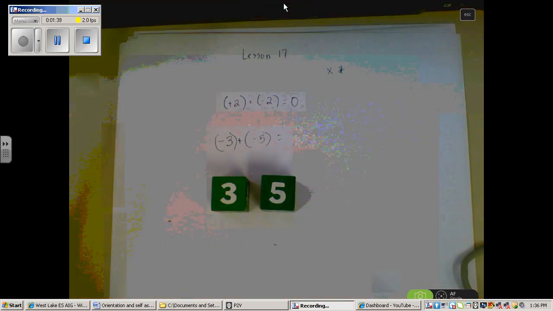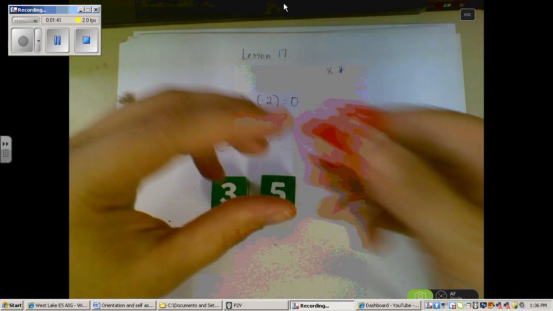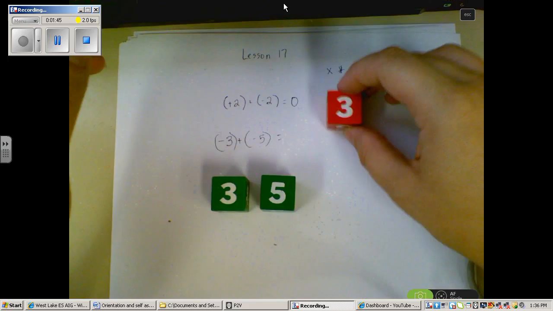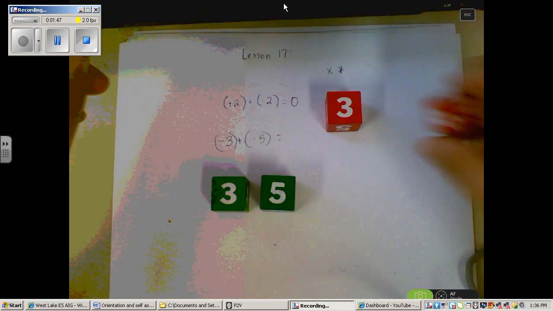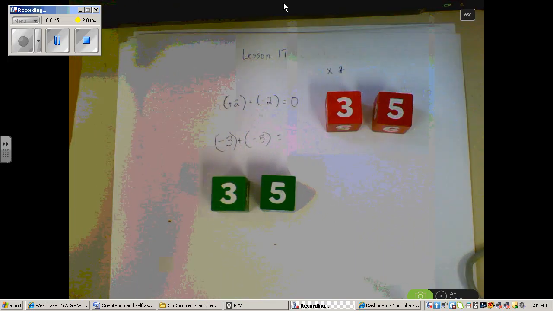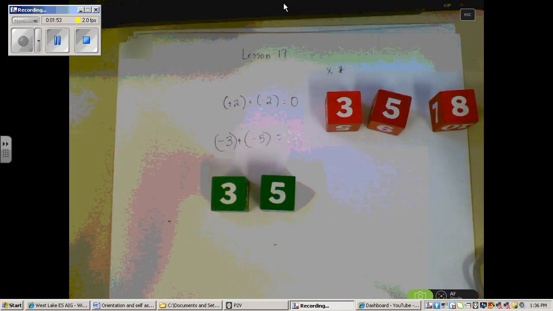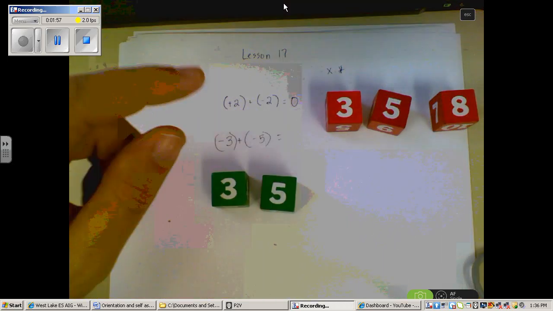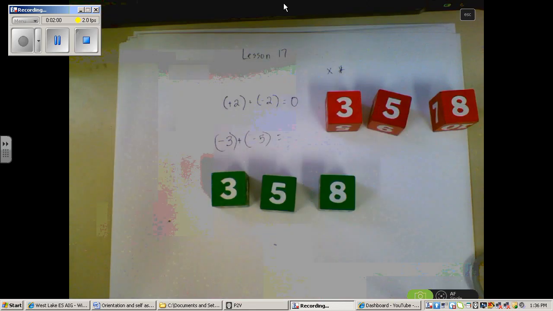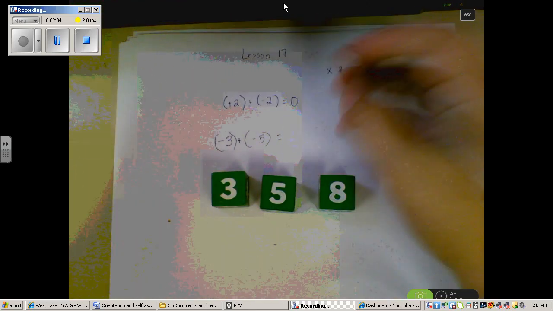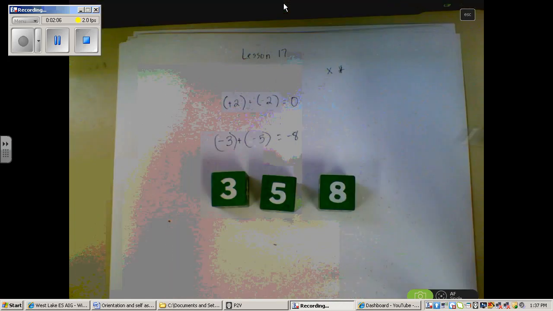Before, with the red number cubes, you learned that positive 3 plus positive 5 equaled an 8 number cube. Well, a green 3 plus a green 5 is still going to equal 8, but now it is negative 8.